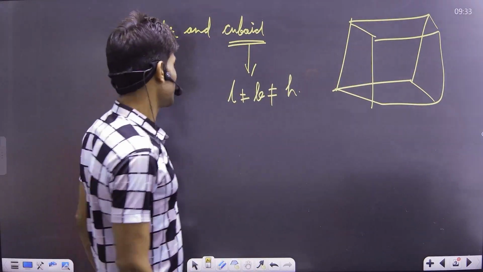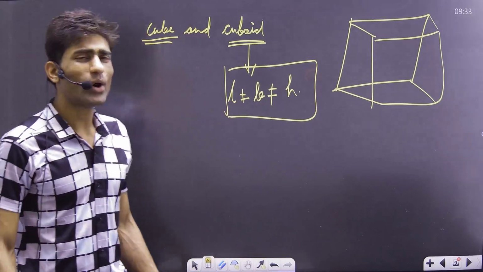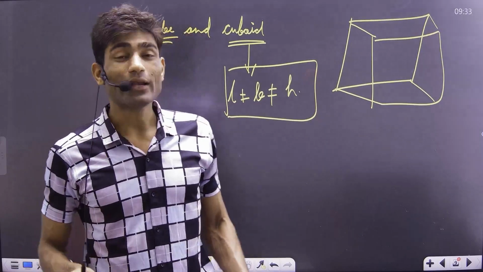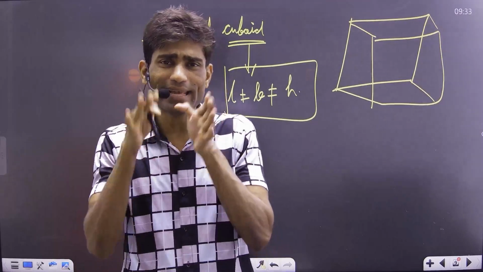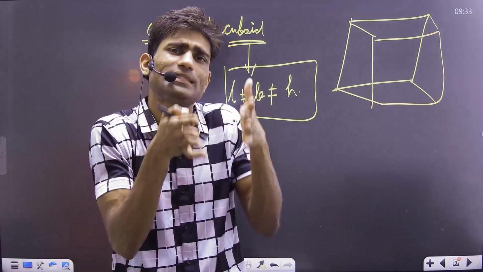In the case of a cuboid, length, breadth and height are not equal. The volume of a cuboid is length into breadth into height. That's it. Total surface area and curved surface area are other than this.